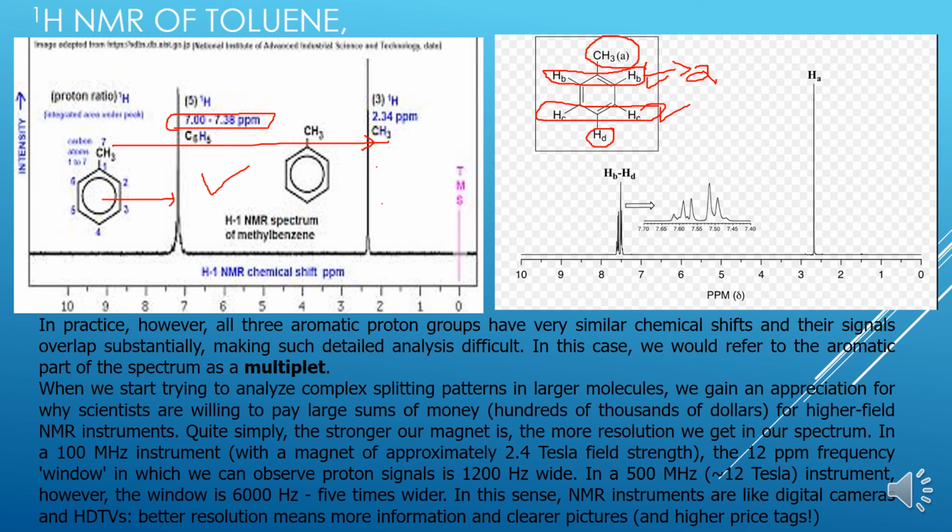For Hc, there are two neighboring protons, Hd and Hb, so it splits into a triplet. Hd is also a triplet because it has two neighboring protons. Hb has one neighboring proton, splits into two. Hc has two neighboring protons, therefore three. Hd also has two neighboring protons, splits into three peaks.